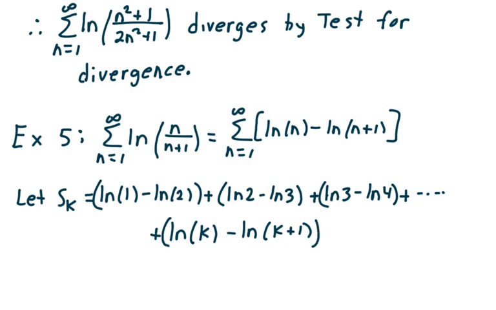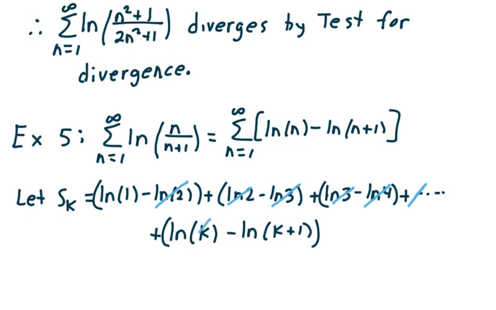All right, now, let's look at this very carefully. The natural log of 2's cancel. The natural log of 3's cancel. Are we in agreement that the natural log of 4 will cancel that first term in the next? So, in other words, if I plug in n equal 4 here, I get natural log of 4 minus natural log of 5.